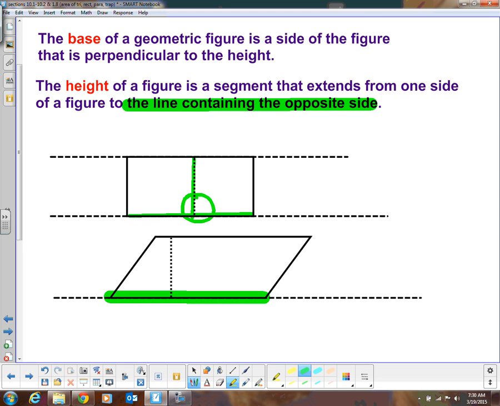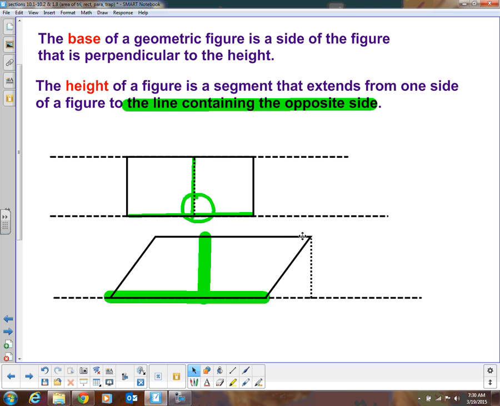If we look at this figure, this would be the base right here. But where's the height? What's this relationship? Perpendicular. Now, notice I could bring this segment out here. The height is a segment that extends from one side.